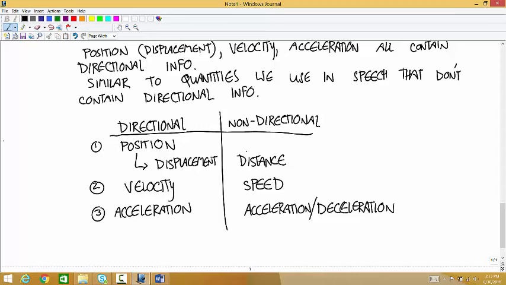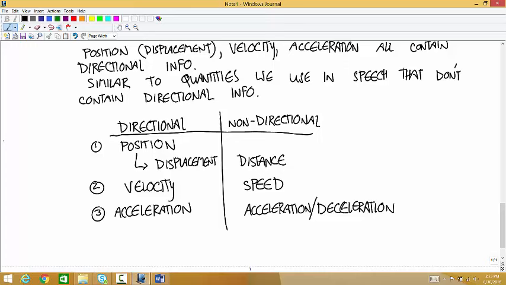So, if you drive to Duluth and then you drive to Des Moines, it's however far, 200 miles in either case. Those are in two different directions, but the distance is the same in both cases.